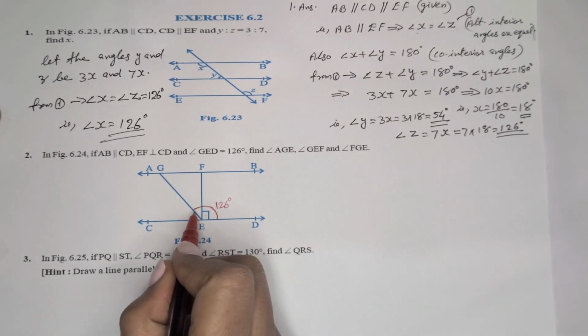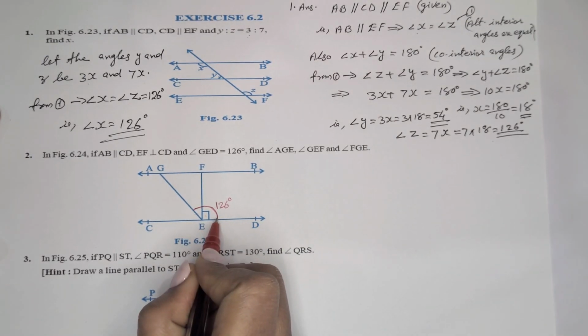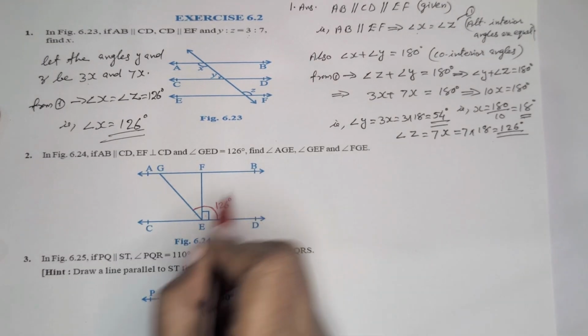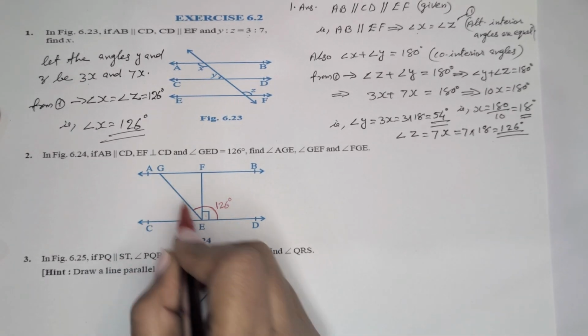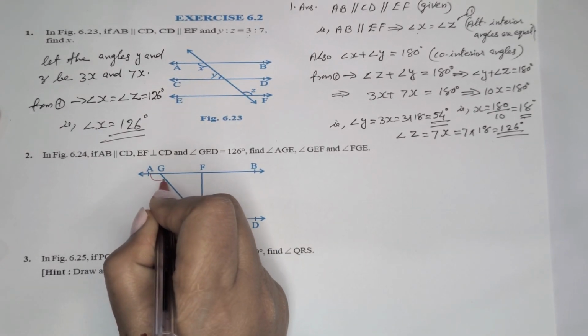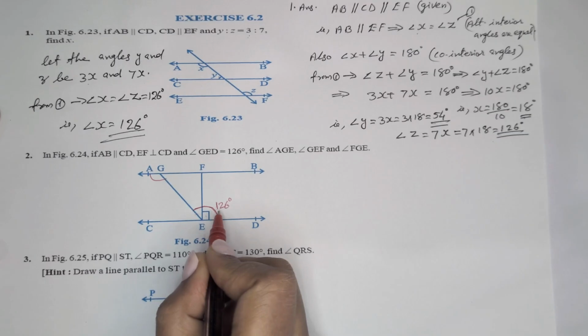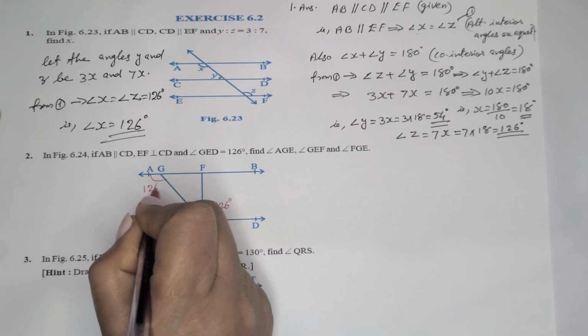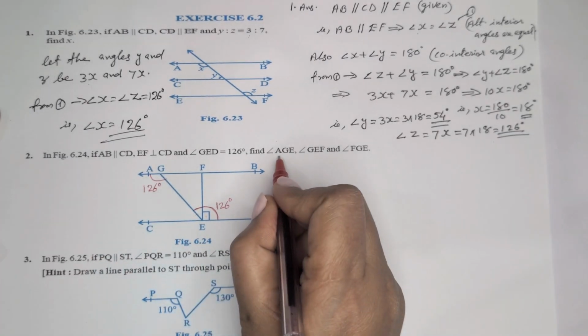Find these angles. If this angle is 126 degree, then these are the parallel lines. G is the transversal. Then we can write AGE also is equal to 126 degree. That means here find AGE.